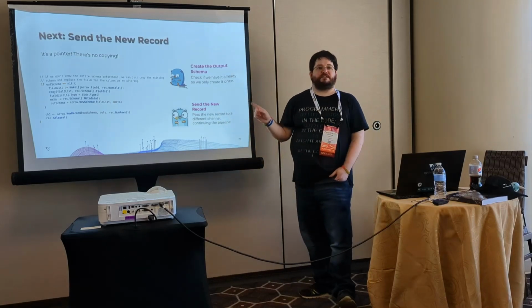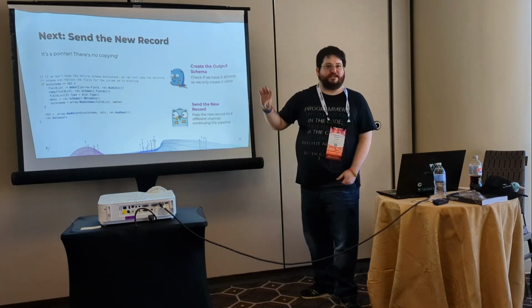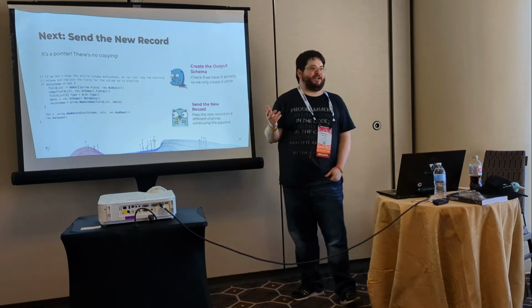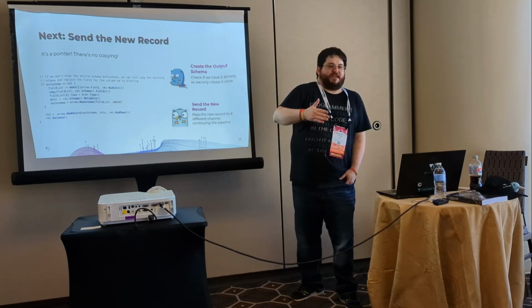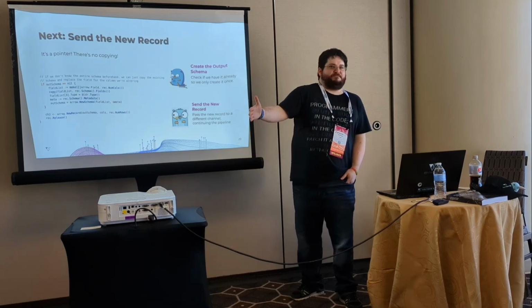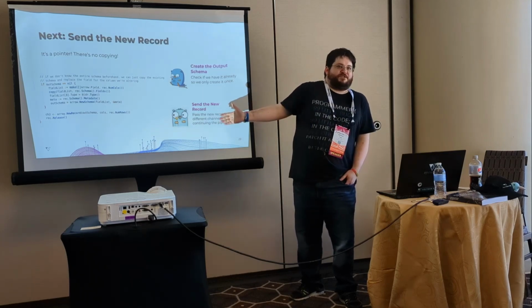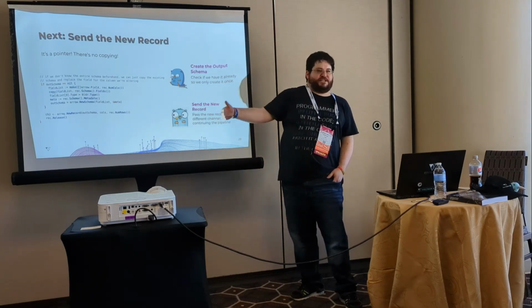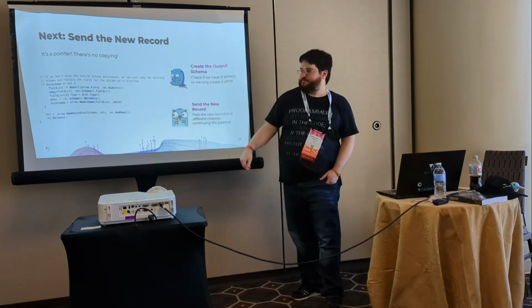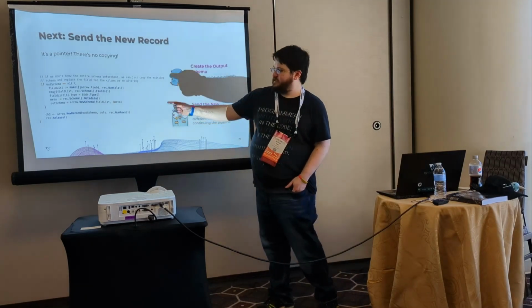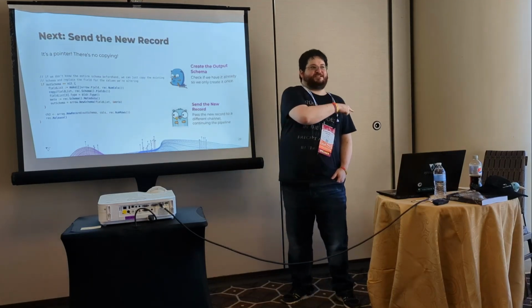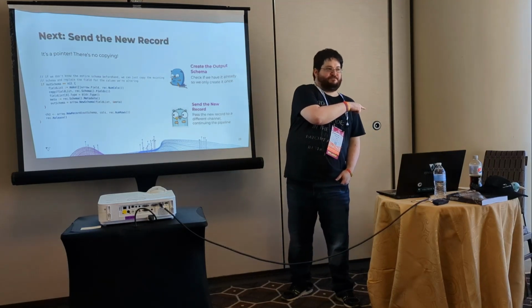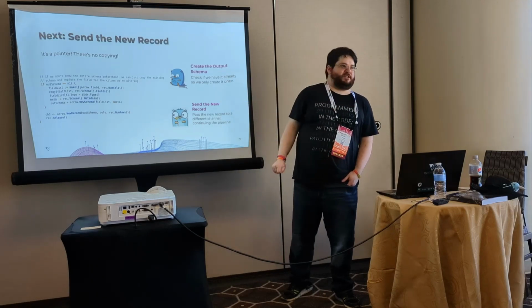You can also give it -1, and it will infer the size of the record batch for you by just checking the length of all the columns and make sure that they all have the same length. But if you know the length of your record batch, you can just set it from the start. It's nice and easy. And then I release the record that I read from off the channel, because remember we did a retain before we put it on the channel. So we release it now that we're done with it here.